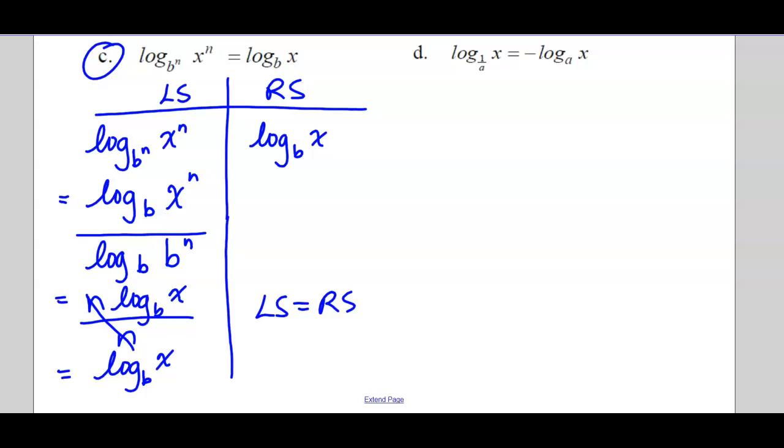And probably a good idea to state what this is defined for. So x has to be greater than 0. Probably, you should practice on a test if you're asked to prove this, state that b is also greater than 0, not equal to 1, the base of that log.